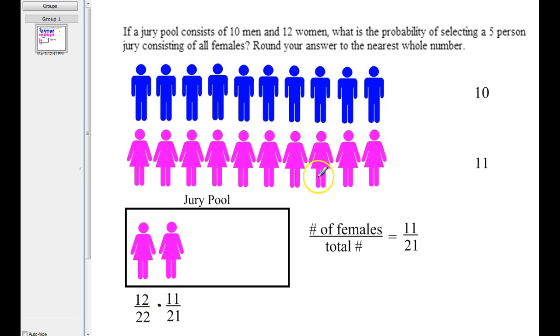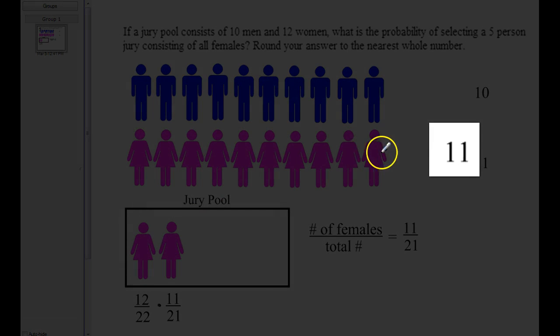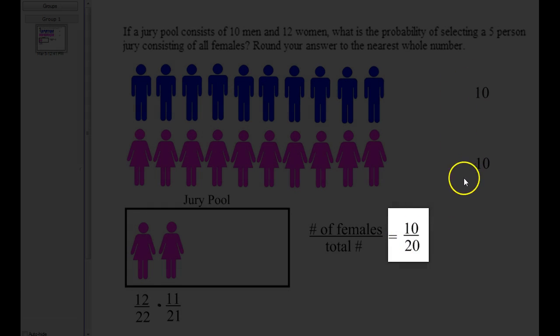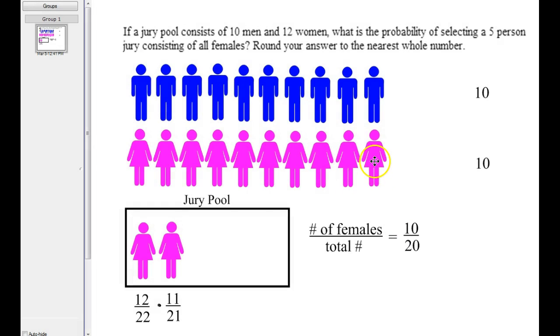And then the pattern continues. For the third one, now there are 10 females and 20 total, 10 plus 10. So the probability the next one we select is a female is 50-50. And once again, we're multiplying because of the and. The first and the second and the third are all female.